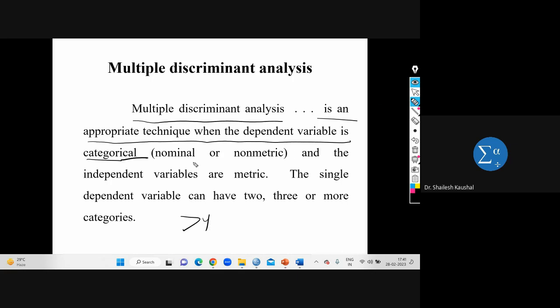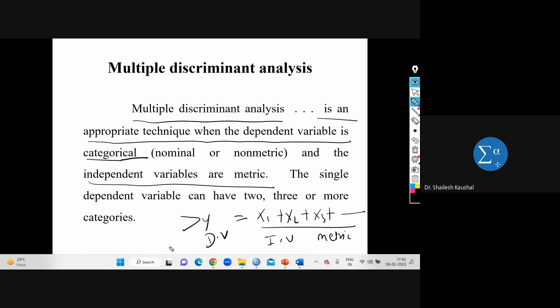So when the dependent variable is categorical, and the independent variables are metric, like x1, x2, x3, all independent variables in metric form, and this dependent variable non-metric. The single dependent variable can have 2, 3 or more categories.